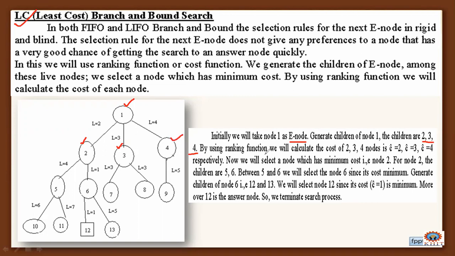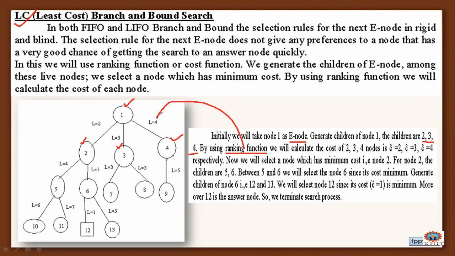By using the ranking function, we will calculate the cost. So here the cost is 2, the cost is 3, the cost is 4. How to calculate the cost from node 1 to node 2? That can be done by using the concept of ranking function.